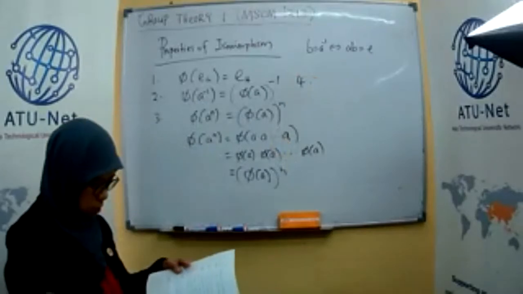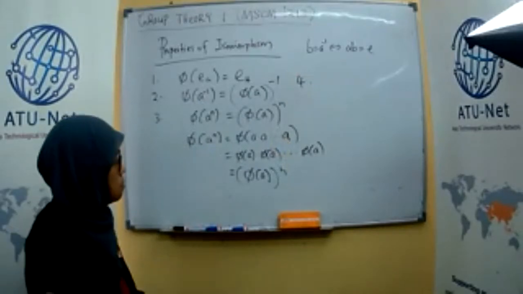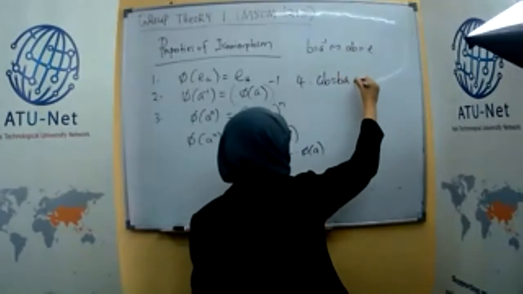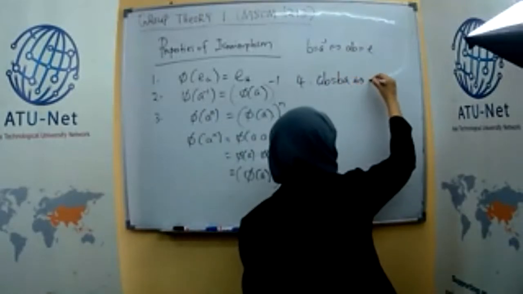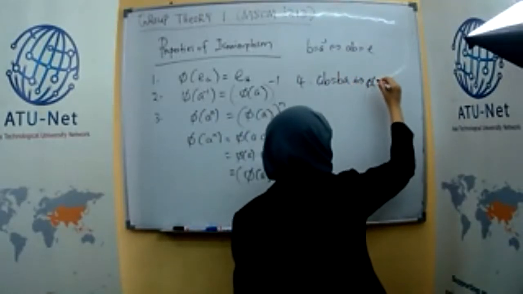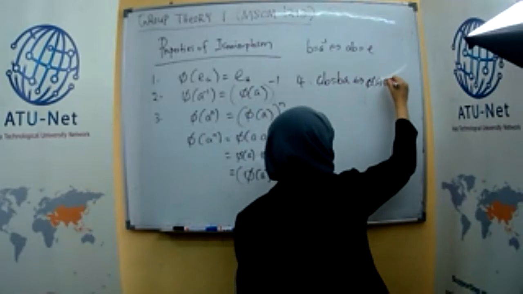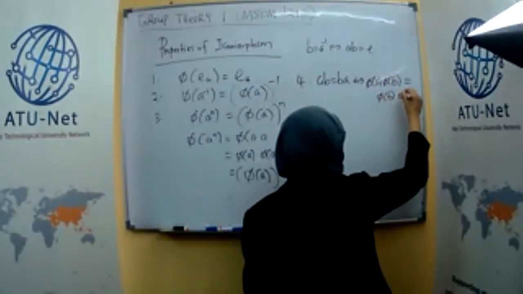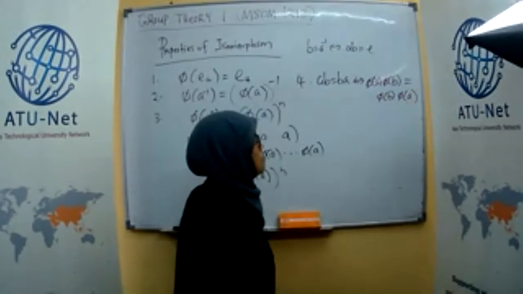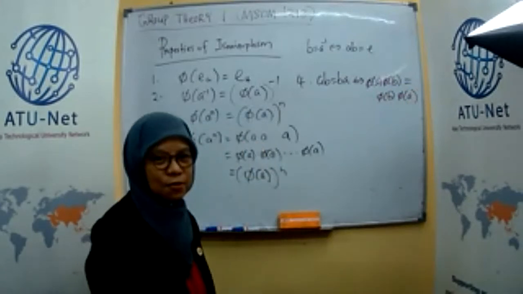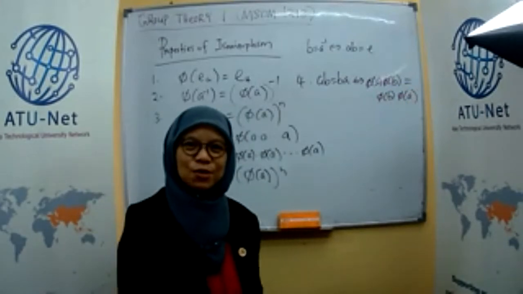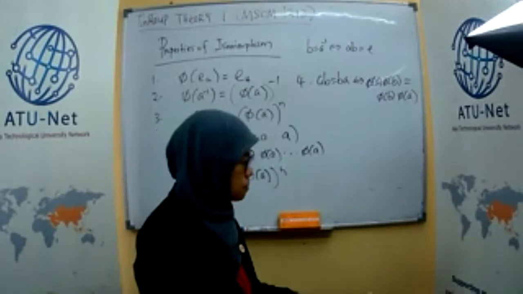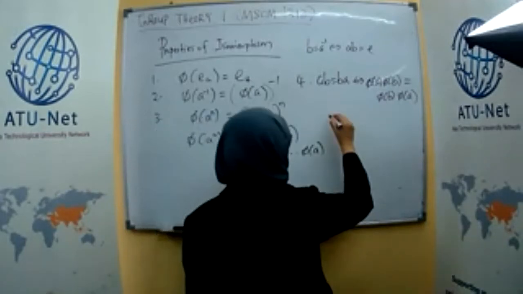Okay. Now number 4 says AB equals BA if and only if phi A phi B is phi B phi A. It's very easy to show using homomorphism. Let's try.